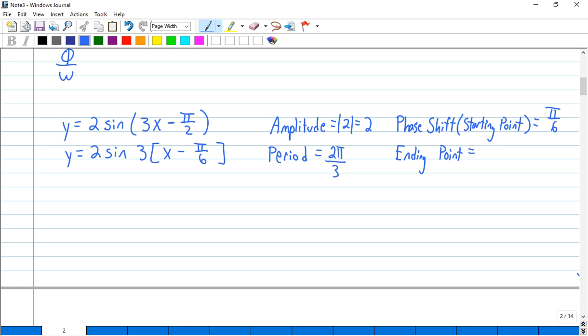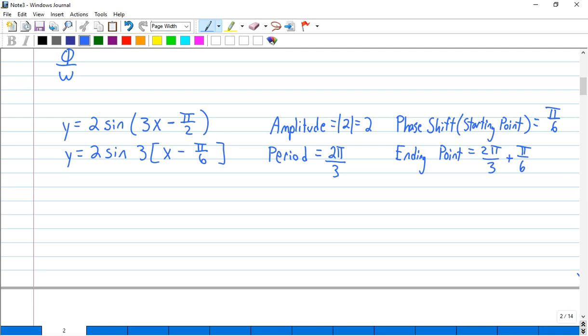You take your starting point or your phase shift and add your period to that. So the ending point, on the x-axis, is going to be the period plus the phase shift. You can say 2/3 pi plus pi over 6 or pi over 6 plus 2/3 pi. So period plus starting point or starting point plus period.